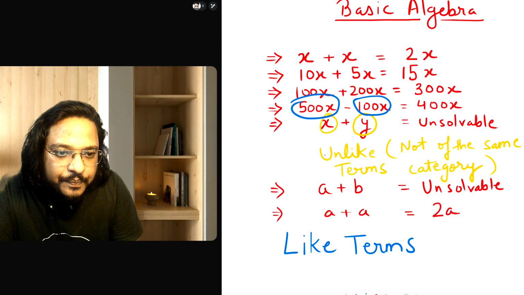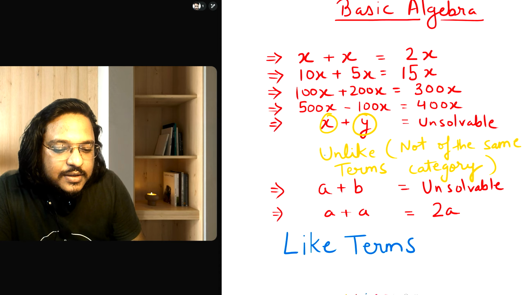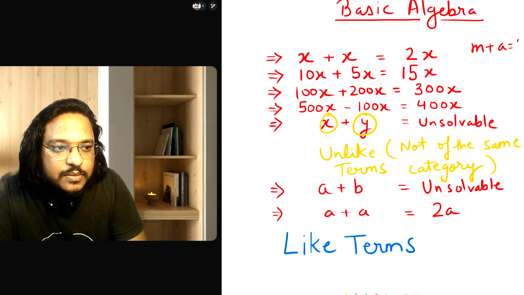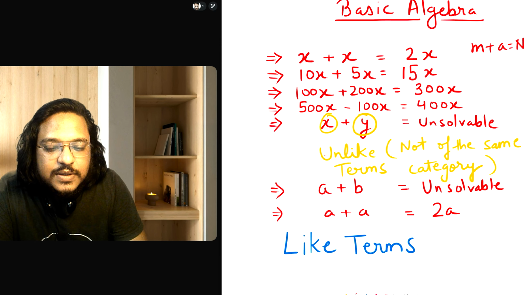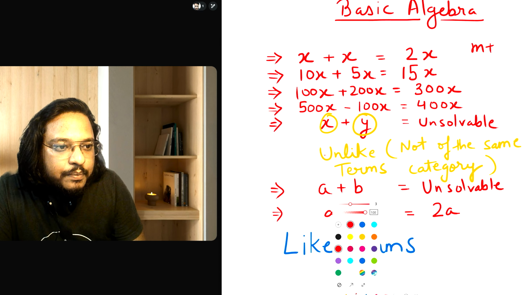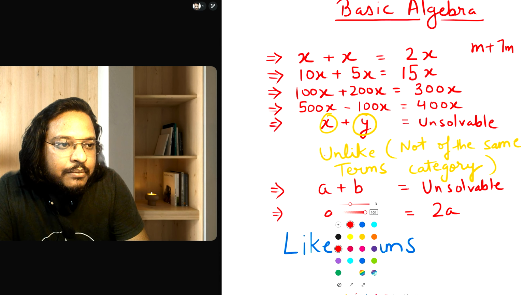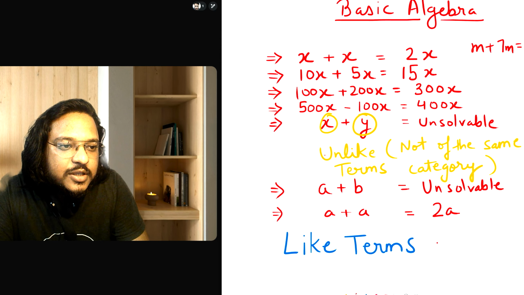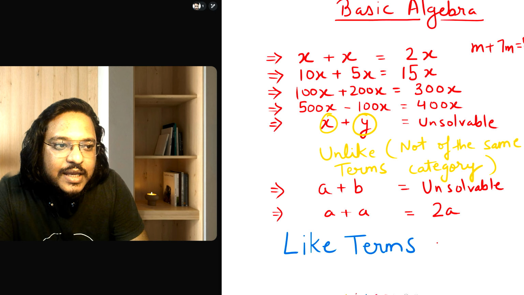But if I randomly ask a question, m plus a is how much? Not possible. However, if I had m plus 7m, then what's the answer? This is 1m, this is 7m, so the answer is 8m.